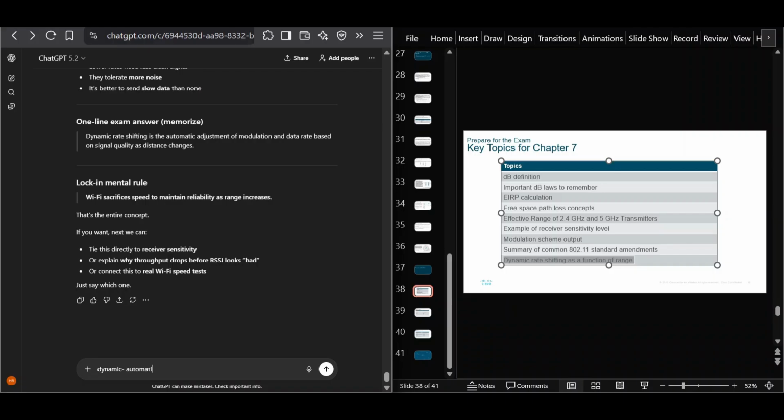Distance refers to going far from the antenna, and rate means slow or fast.